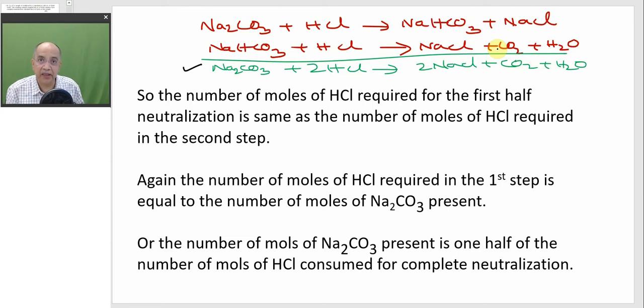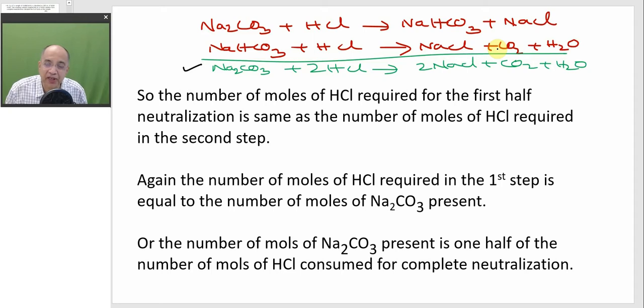Supposing you take the analyte solution containing sodium carbonate, for example, and nothing else, and take phenolphthalein as indicator and titrate, you will get the endpoint at the stage of half neutralization. But discard it. Take the same quantity of the solution from the stock and add methyl orange.